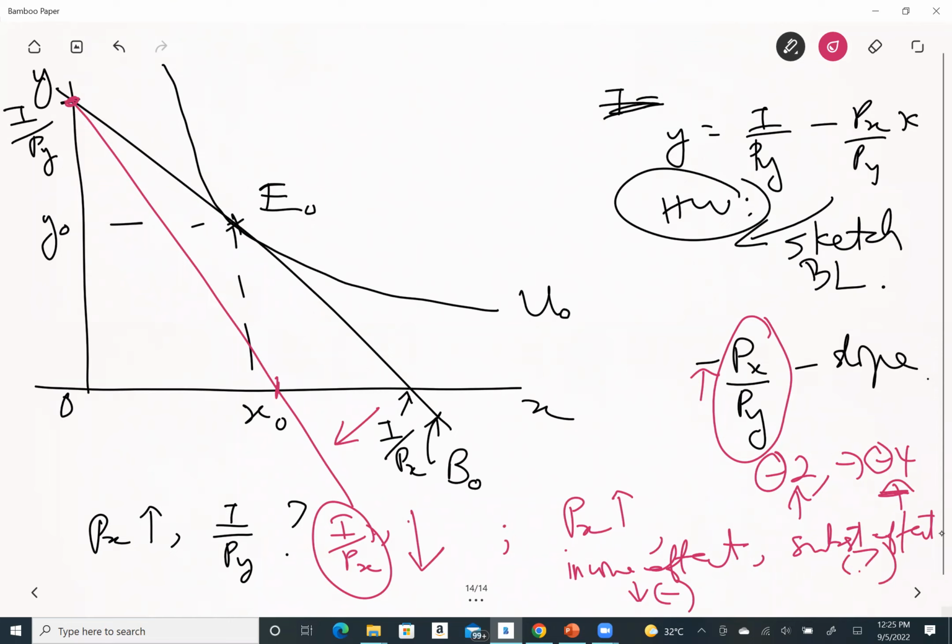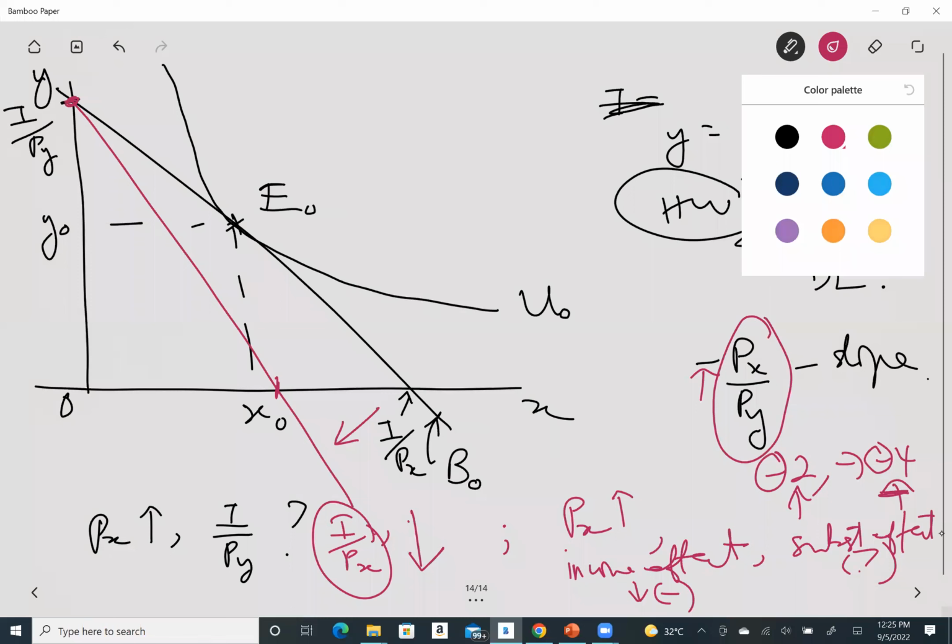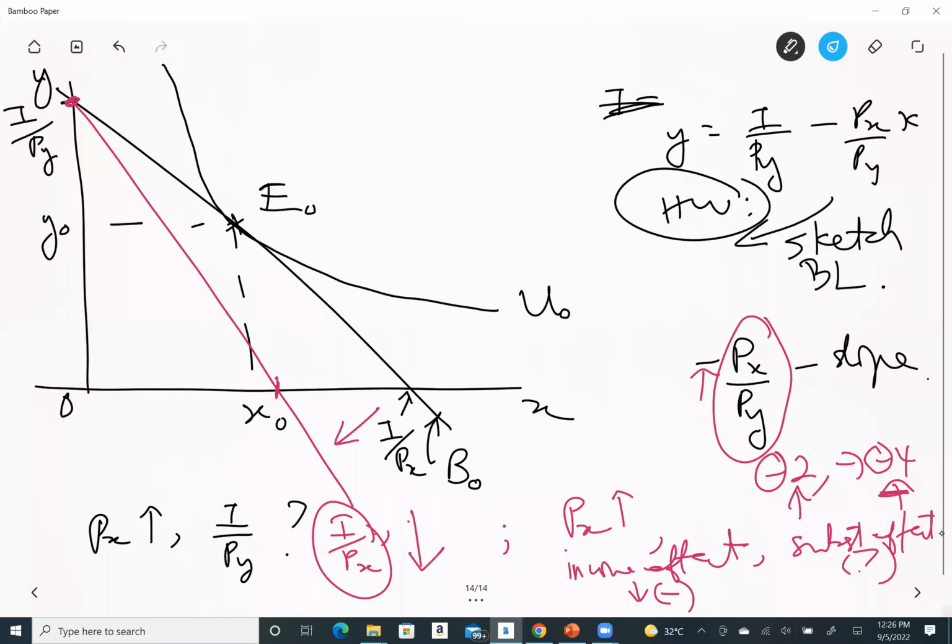So once you have that change in the budget line, we can see the equilibrium point, which shows the utility maximizing behavior given the new budget line. It will be different. Now I follow the example in the book.